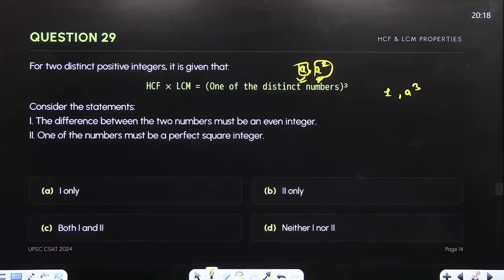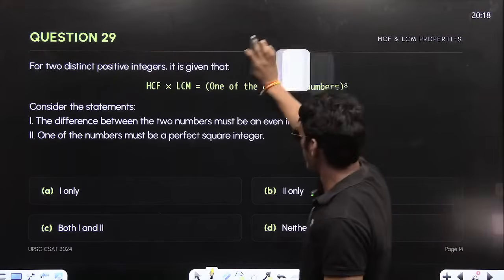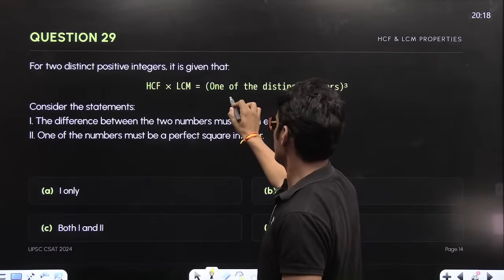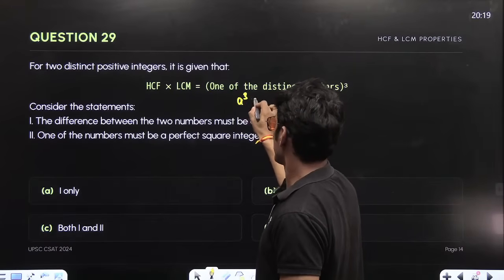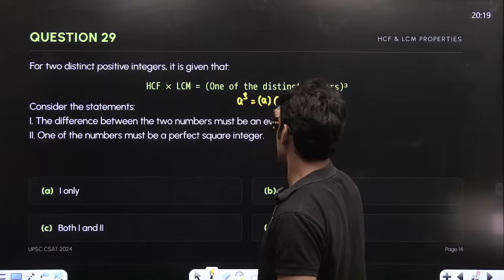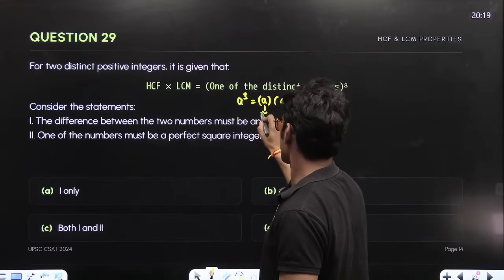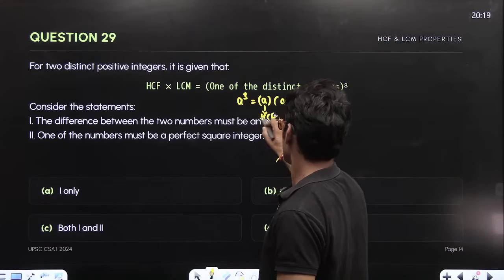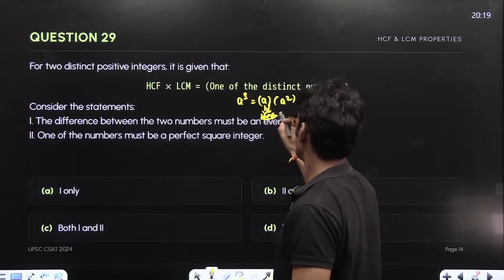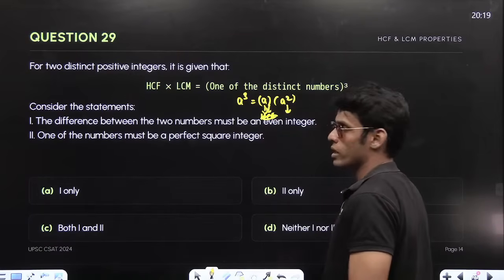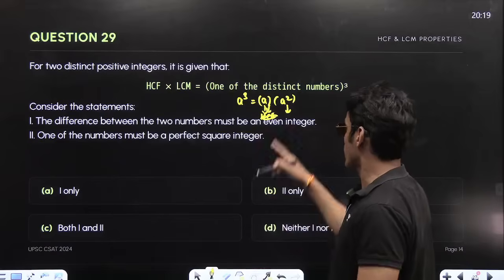So let me see the condition that is given here. If the product of HCF and LCM of two distinct numbers is the cube of one of the numbers, so basically A cube, then it has to be this. So this is HCF, this is one number and this is another number. So HCF will be A, LCM will be A square, A into A square.